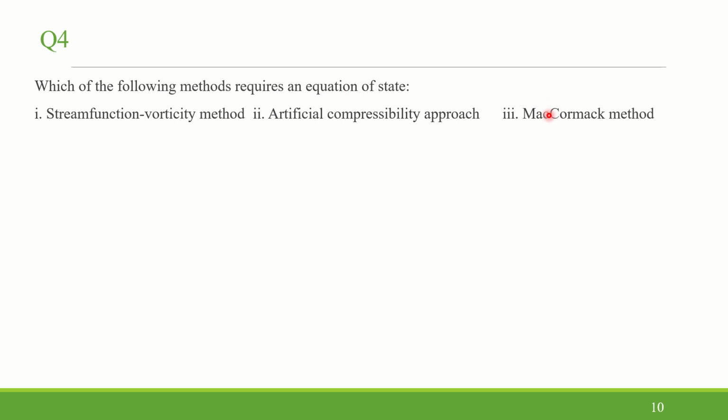And since the McCormack method is again a compressible flow scheme, we require the additional equation of state as well. So the second as well as the third method require an equation of state for evaluation of pressure, temperature, those things. So 2 and 3 is the right answer.